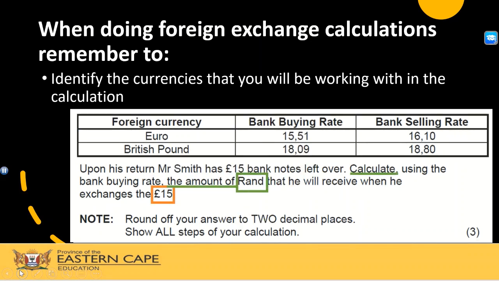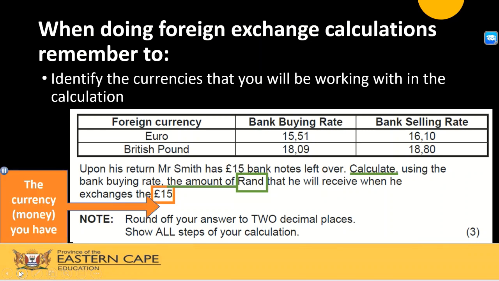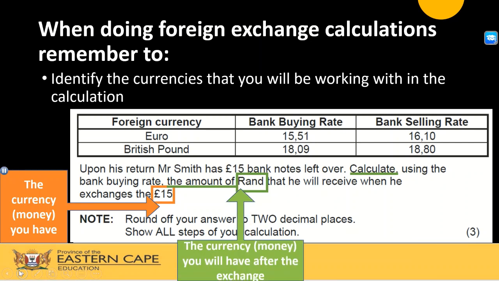When we identify the currencies that we will be working with, we see that the instruction given is to calculate, and your 2 currencies are the Rand and the British Pound. Those 2 are highlighted on your screen in 2 different colors. There is the currency that Mr. Smith has, the £15, and that is the currency that Mr. Smith will have after the exchange.